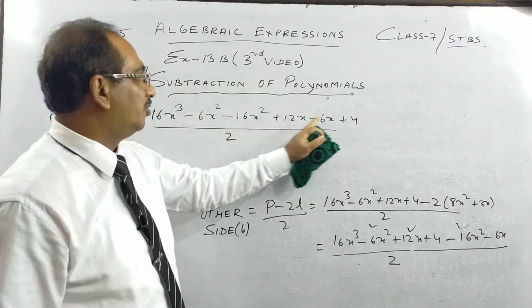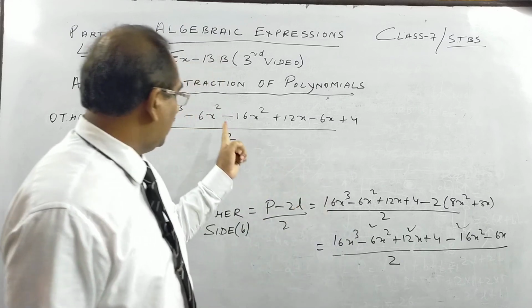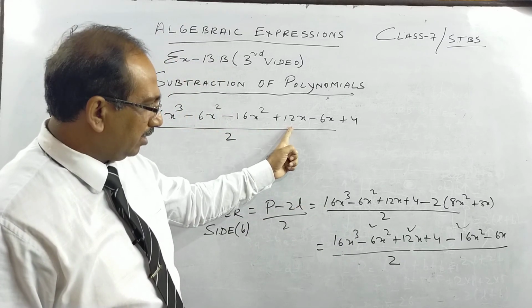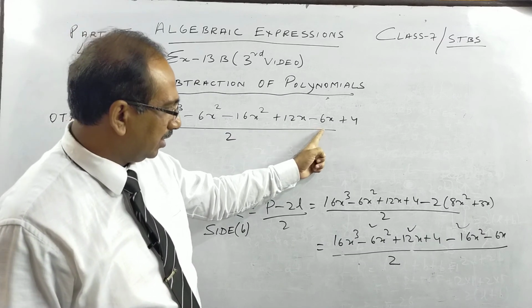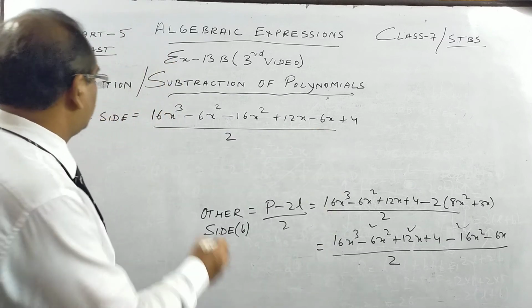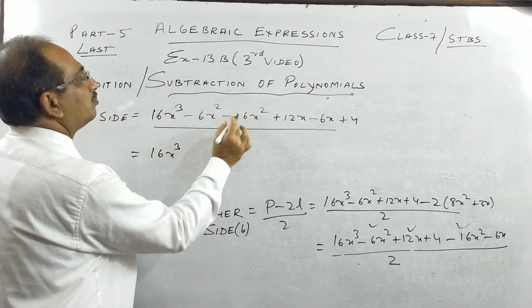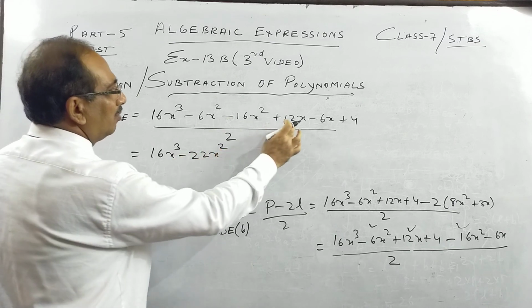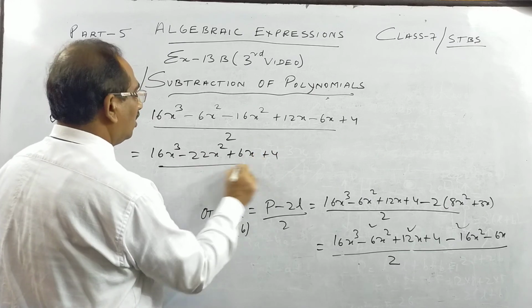Then x cube done, x square. So take your time, children, do it correctly rather than doing it in a hurry and getting the wrong answer and getting 0. So let us see what I get. 16x cube, minus 6 minus 16 is minus 22x square, plus 12 minus 6 is 6x, plus 4, by 2.